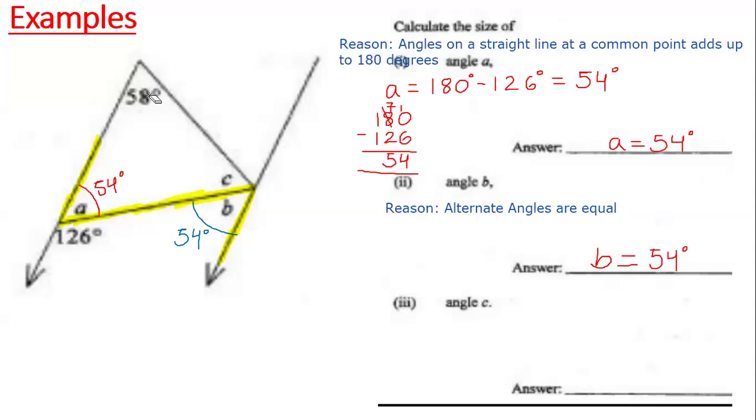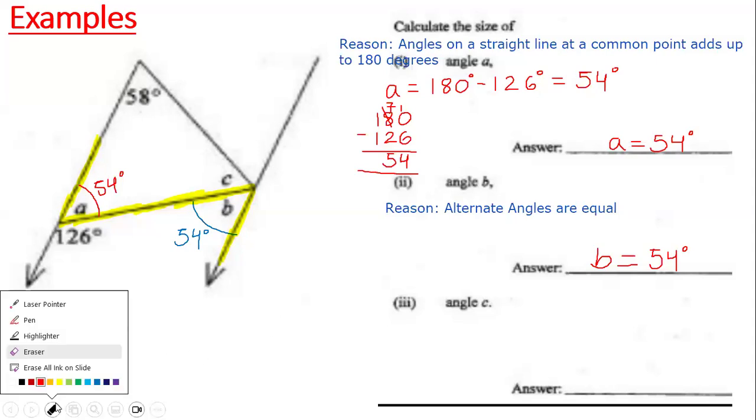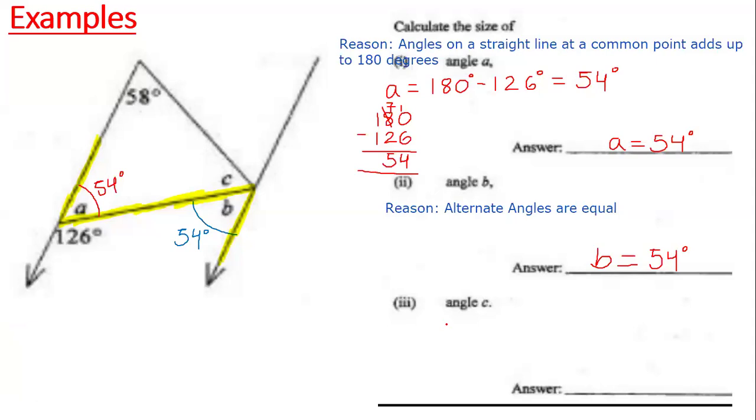And we know that C is an angle inside of the triangle. In order for us to get C, and we know the angles in a triangle add up to what? 180 degrees. So in order to get C, what are we gonna do? We're gonna add 58 plus 54, and then subtract whatever we get from 180.